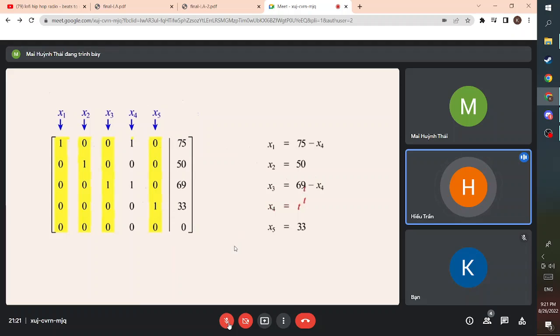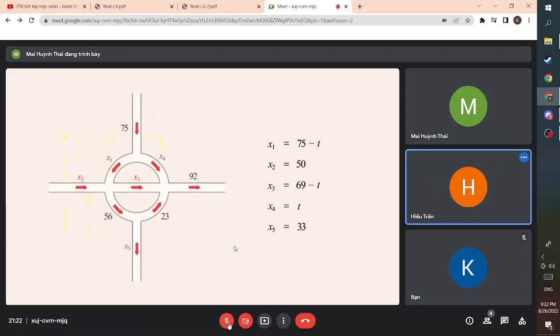Similar to our equation, we will change x4 into t. So we will have equations for x1 through x5 with parameter t. x2 and x5 are constant and functions with parameter t. So next, we have to find the conditions for parameter t.